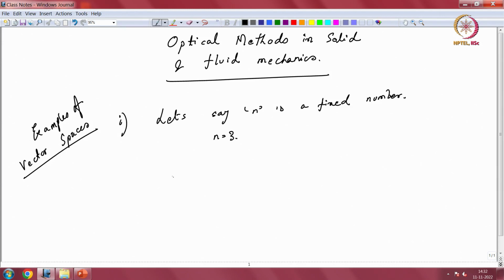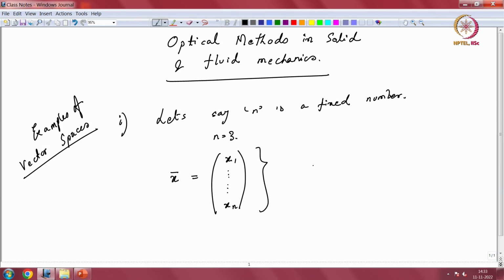Then if you define a column vector such that you have these numbers, where these are scalars, so you have x1 all the way till xn, and whatever n be, you change this column. It is important that in every vector space this n be fixed.